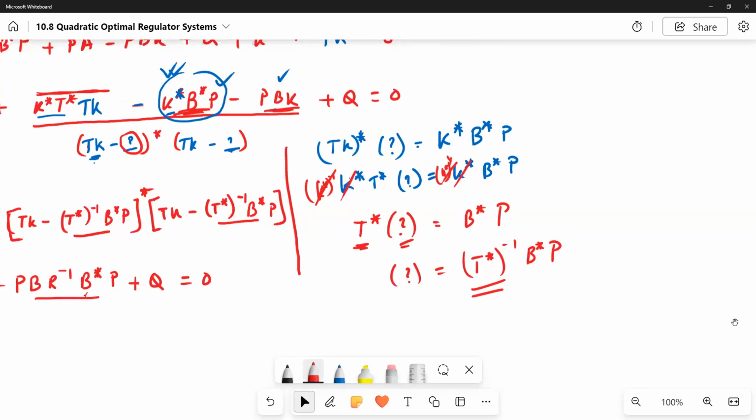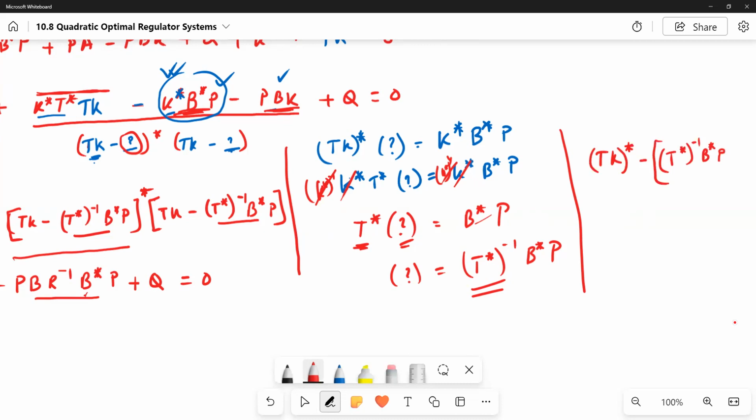So what you have is, order is again important, they're matrices. So TK, just for you, it will be TK star, the first one we're writing, TK star minus the whole thing, T star inverse B star P, the whole thing will also have an inverse because the order will be changed again, so you have to be careful.